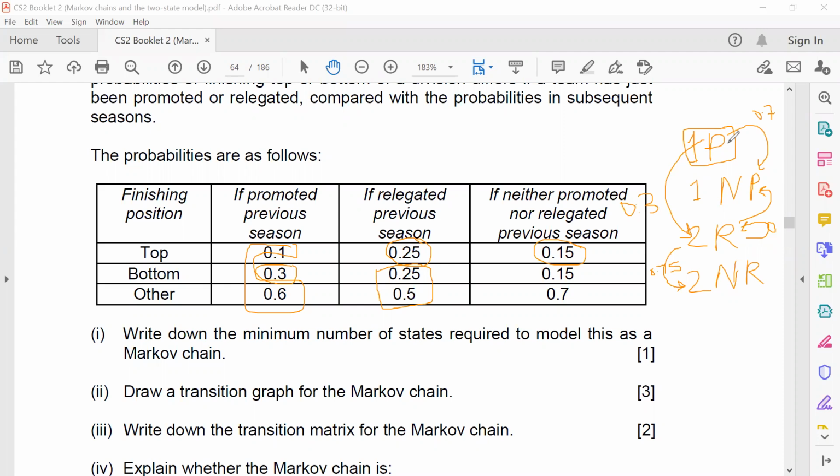So from 2R it can go to 1P. Yeah, that is what this is, right? Savri, does this make sense to you? Yes, ma'am, it's clear. Okay, so now let's talk about this 0.15.